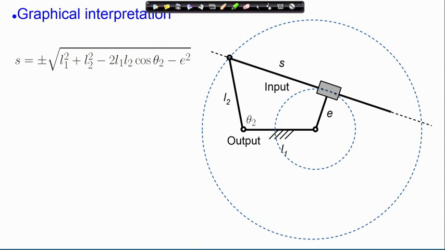What are we specified? We are specified theta 2, and we have to find S.